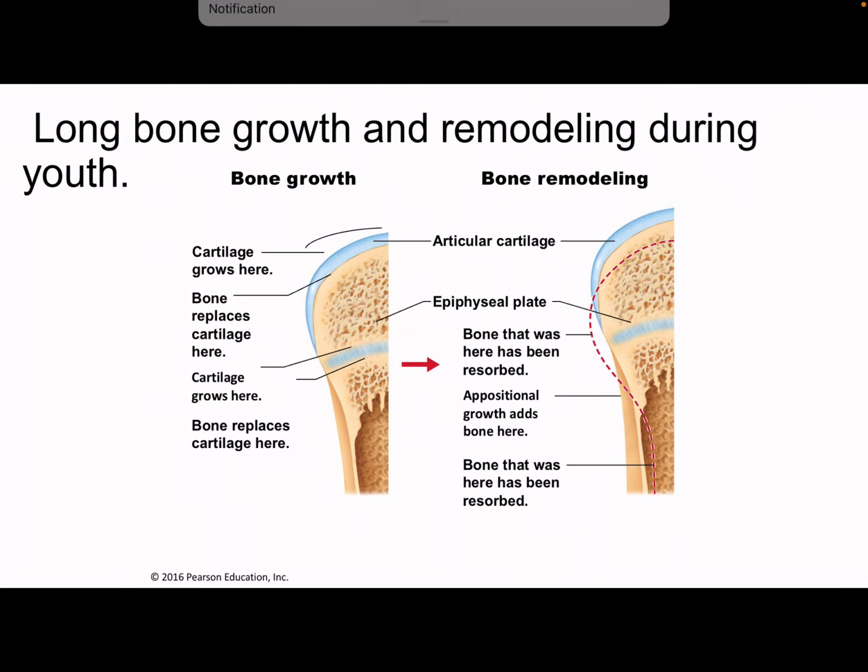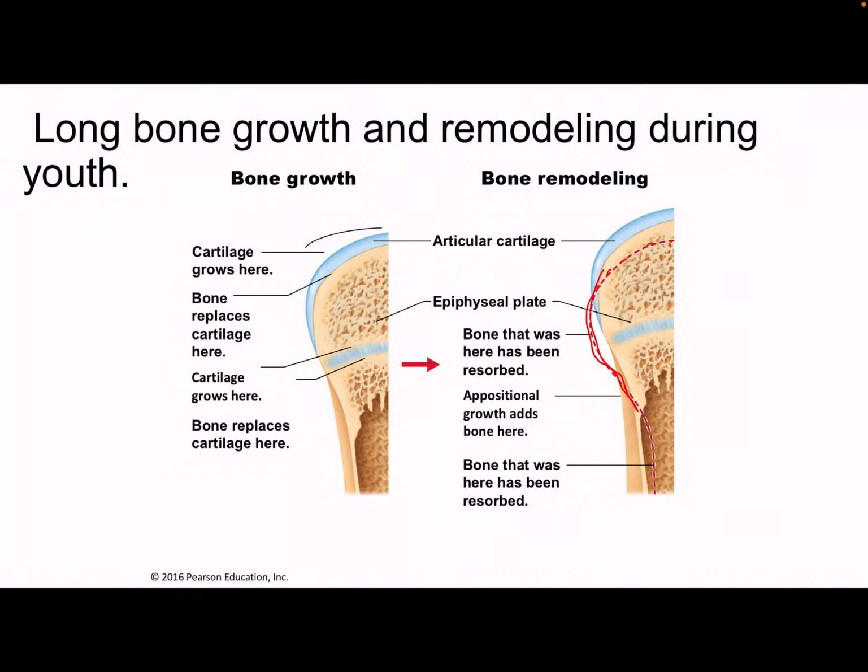Now let's talk a little bit more about bone growth and bone remodeling. I want you to first notice the shape of the bone on this side. Bone does this thing where it resorbs, right? Bone starts to be resorbed and reused.